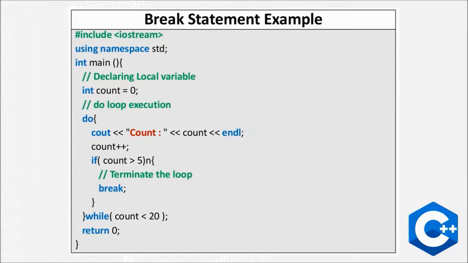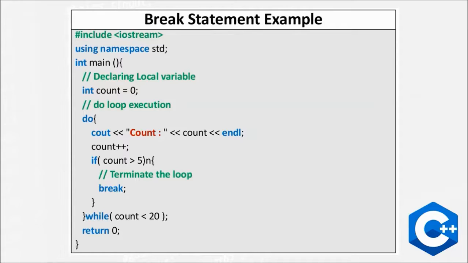So when this loop executes, first it has 0 in its variable, and it prints 0 on the screen. Then it prints 1, then 2, then 3, continuing while count is less than 20. So this do while loop would execute 20 times, from 0 to 19.